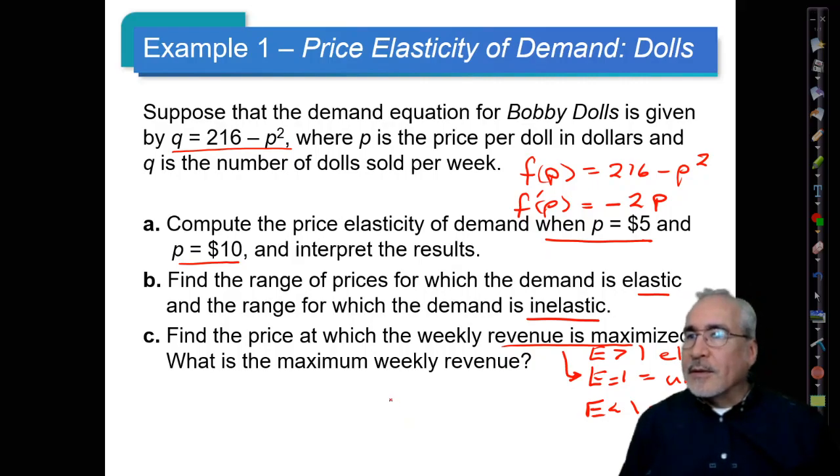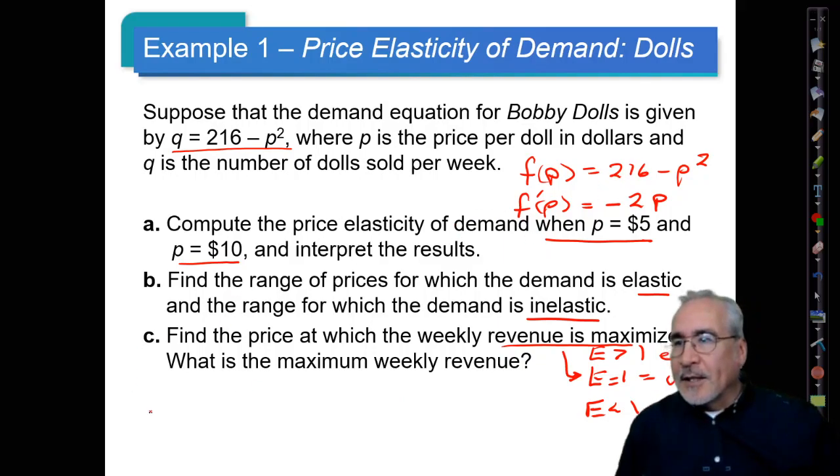I'm sure they're going to work it for us. But remember, we're going to have this function. Let's just go ahead and write it out before we go over there. It's going to be minus the derivative times p over the function f of p.